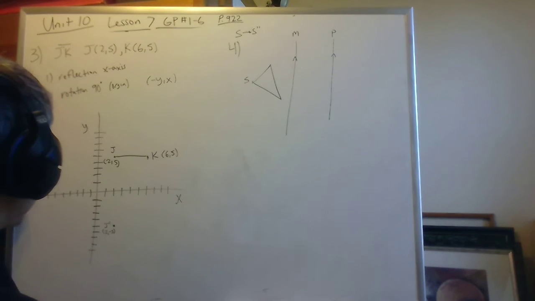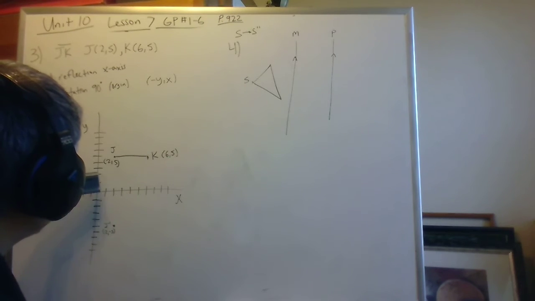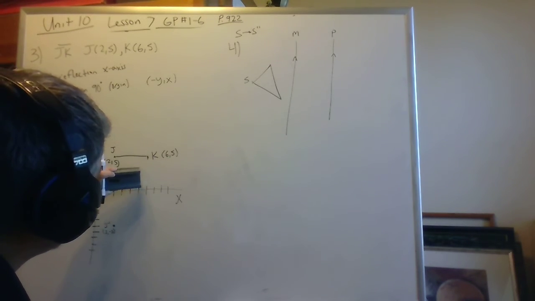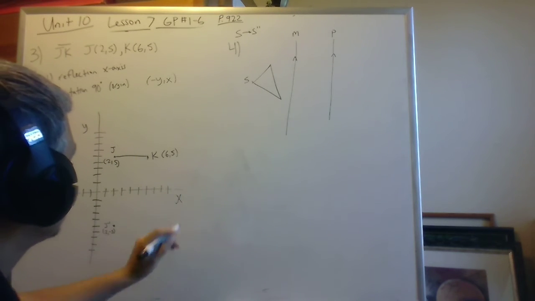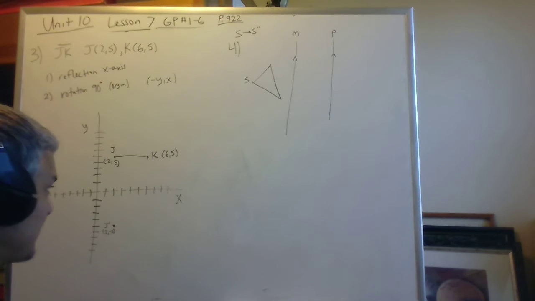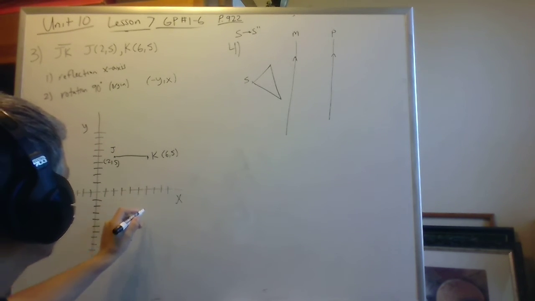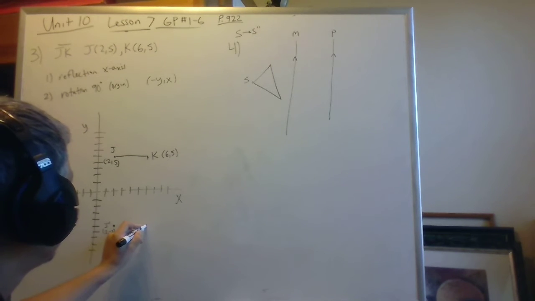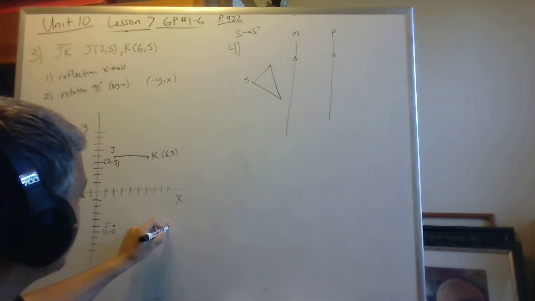And again, the x-axis, I can draw dashed lines by just erasing some of the axis like that, because that's what a line of reflection looks like. It's usually symbolized by a dashed line. And then K, if it's at 6, 5, it's going to be at 6, negative 5. So K prime is at 6, negative 5.